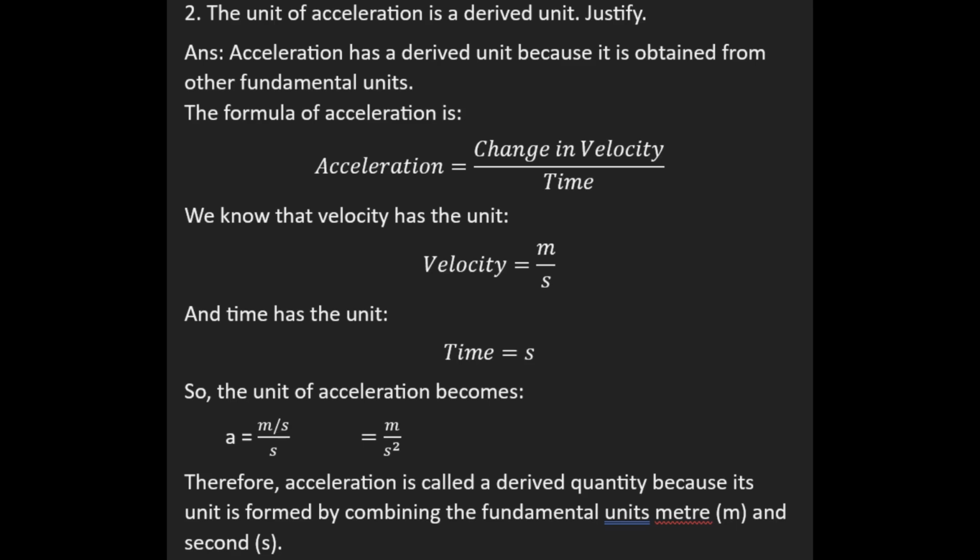So, after substituting the units, we get meter per second divided by second. Now, after simplifying, we get meter per second square. So, students, the unit of acceleration depends on meter and second. Therefore, acceleration is also a derived quantity, and its unit is a derived unit.